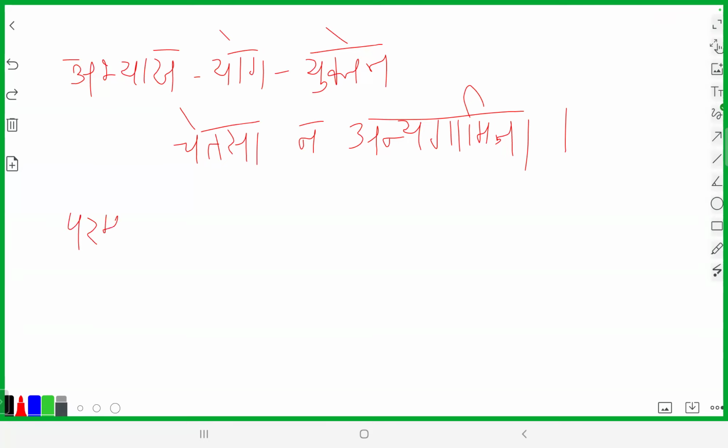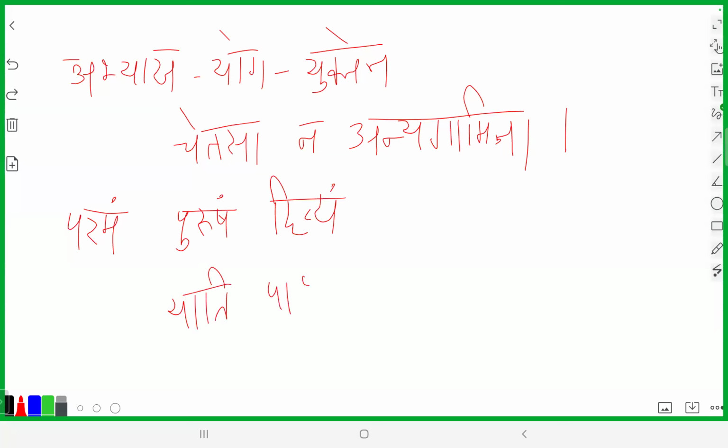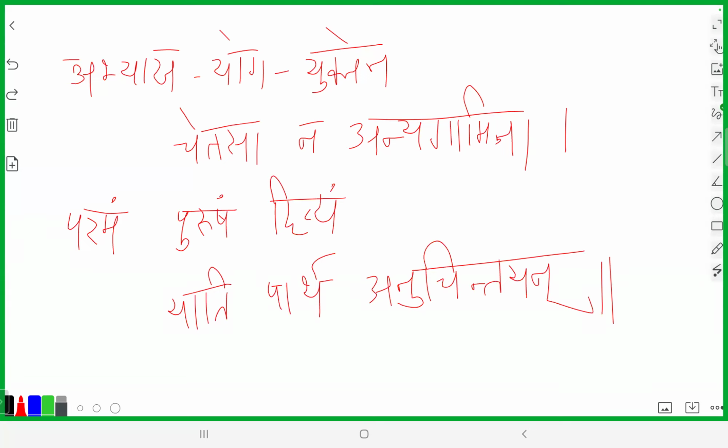Paramam, Purusham, Divyam, Yati, Partha, Anuchintayan. See, these kind of words, we really don't know at this stage, very difficult to explain to you.